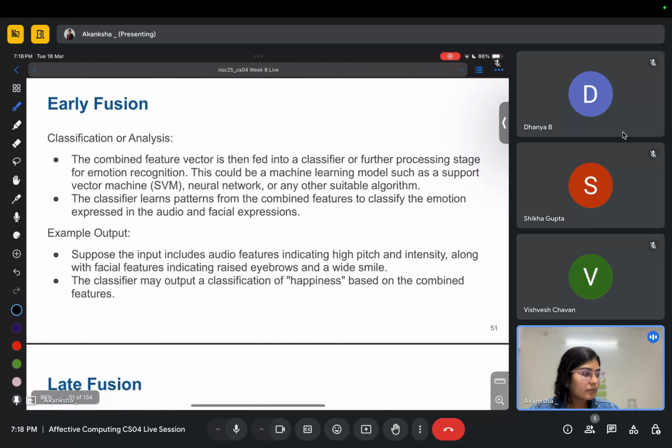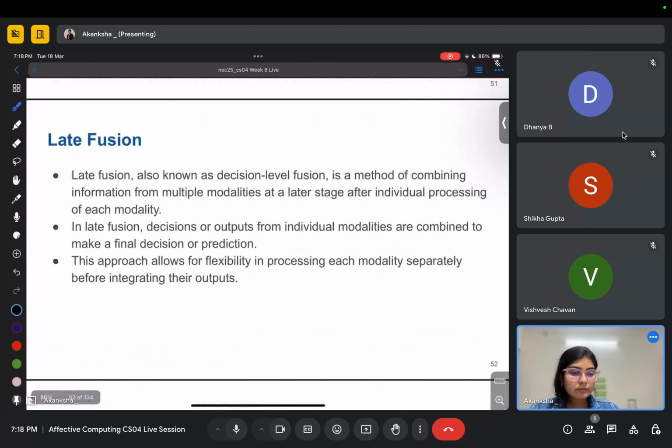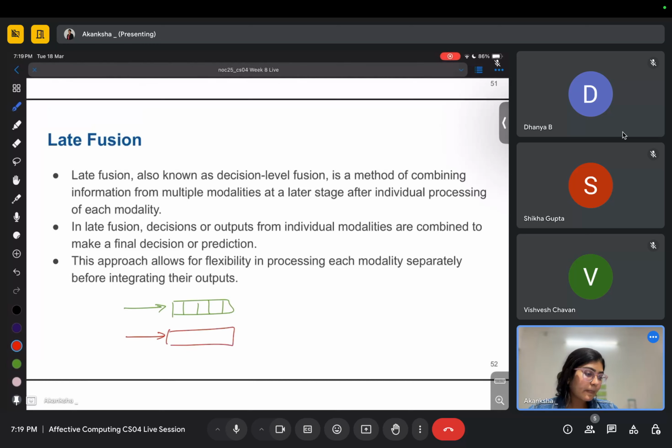Then we move on to the late fusion part. So what exactly is late fusion? Earlier you saw that the features were already combined, but now for the different modalities, let's say earlier we had this feature, also we had this, and third we had this one. Now we want to combine, but not here.